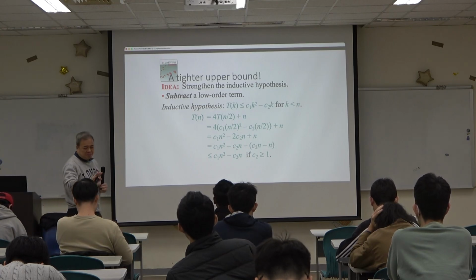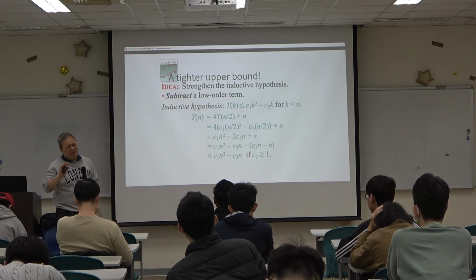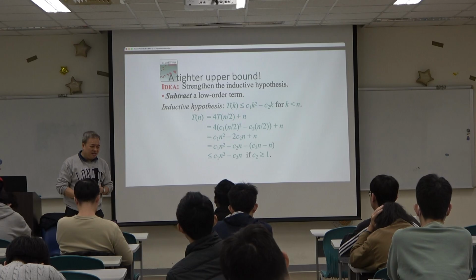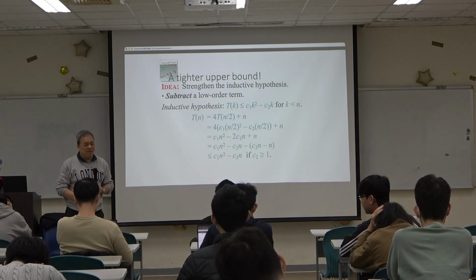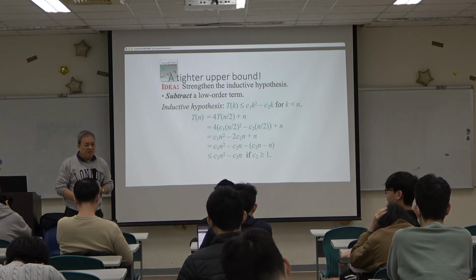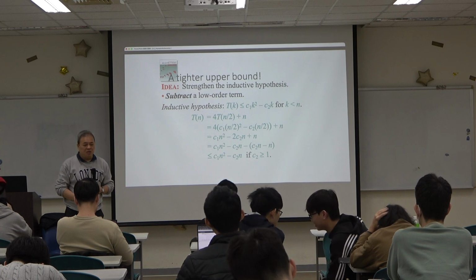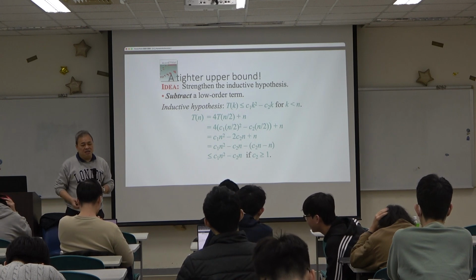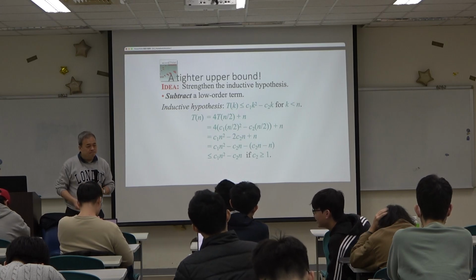But it depends on what we want, right? If you want a tight bound, obviously it may be difficult. But if you want just big O notation, not necessarily tight, a lot of the time it is easy. Okay? So it depends on what you want.